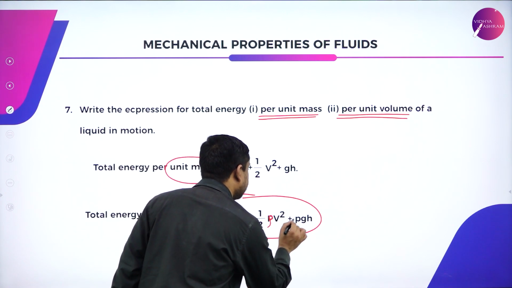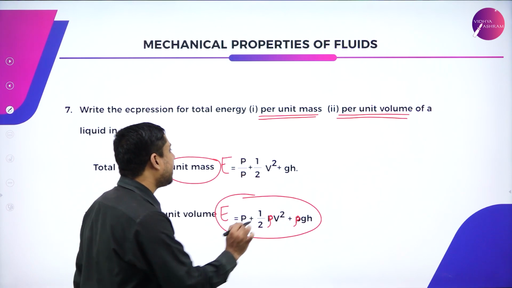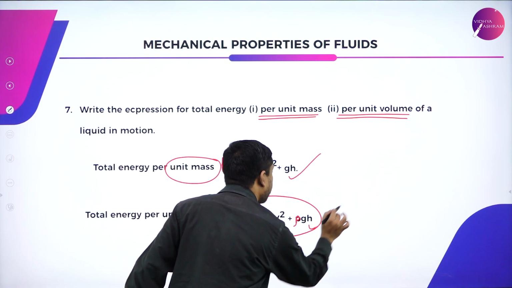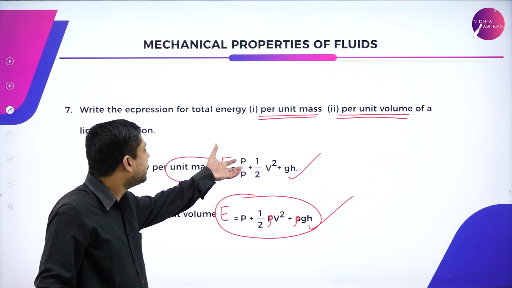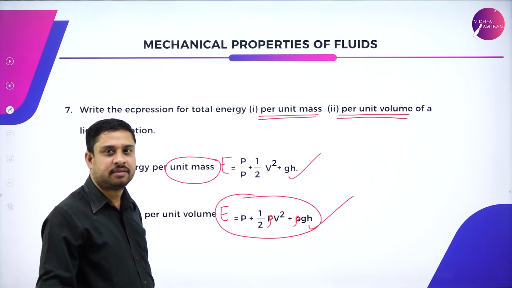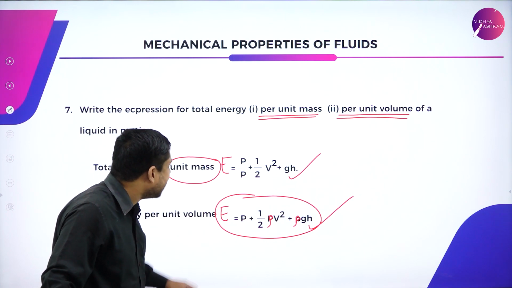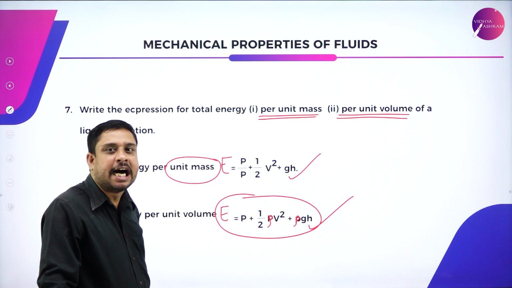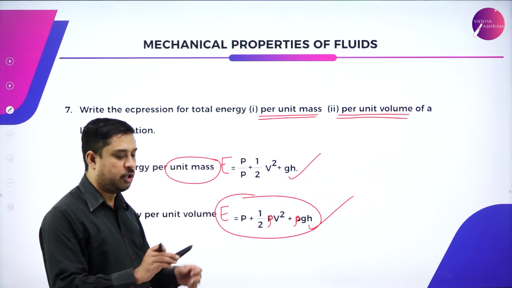So this is rho, density. This is per unit mass and this is per unit volume. We have written the mathematical expression for Bernoulli's theorem in terms of unit mass and unit volume.